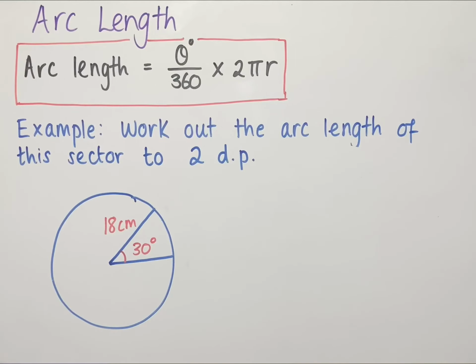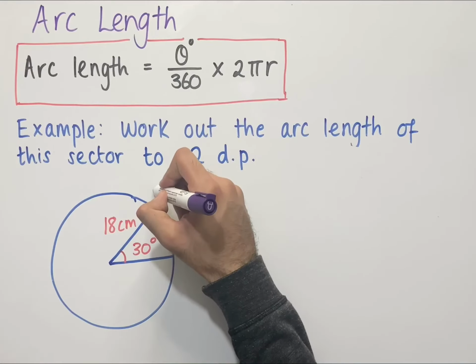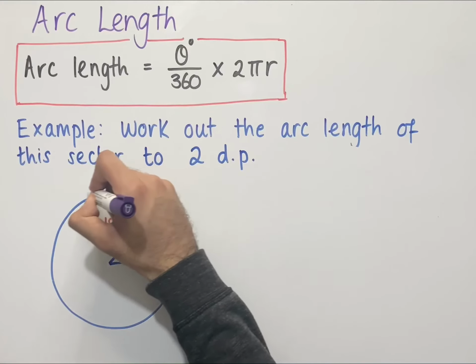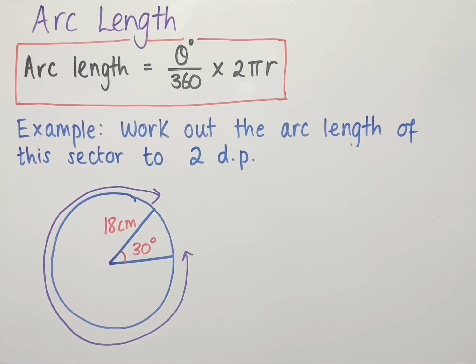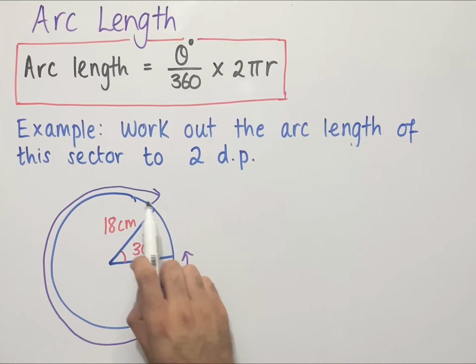Let's look at this same question, but this time let's think about how we could work out the major arc length over here. The first thing we need to think about is what angle this arc is subtended by. In other words, what angle do we require in the middle of the circle so that we can cover this whole arc?